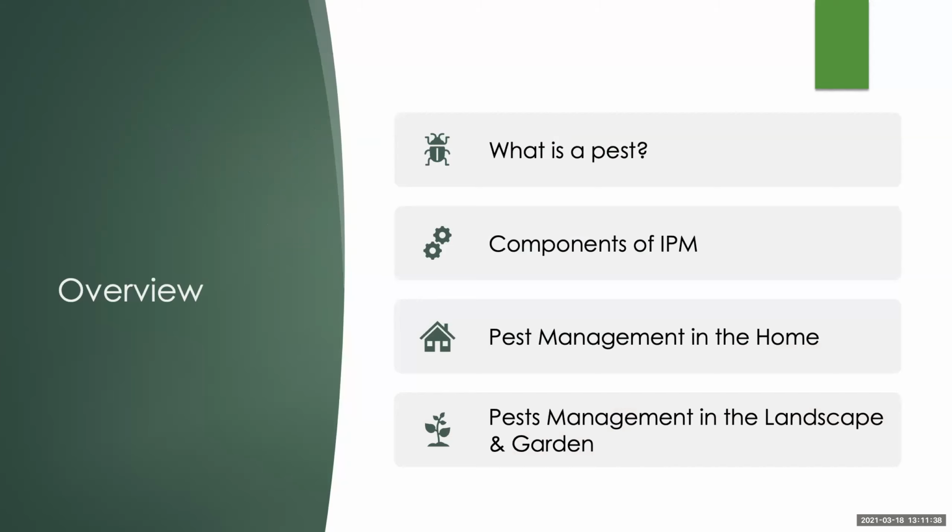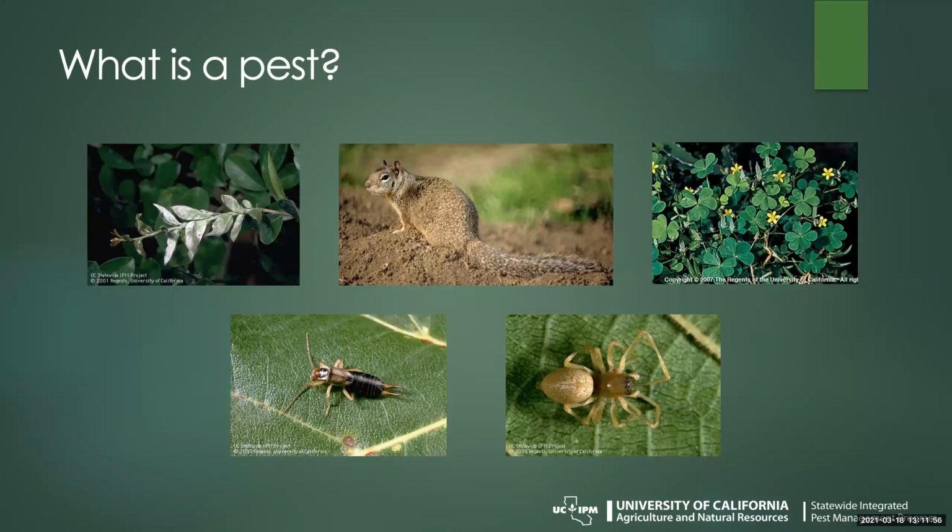What is a pest? What are the components of integrated pest management and what do they mean? And then we'll have a couple of examples of pest management in and around the home and also in the landscape and the garden.